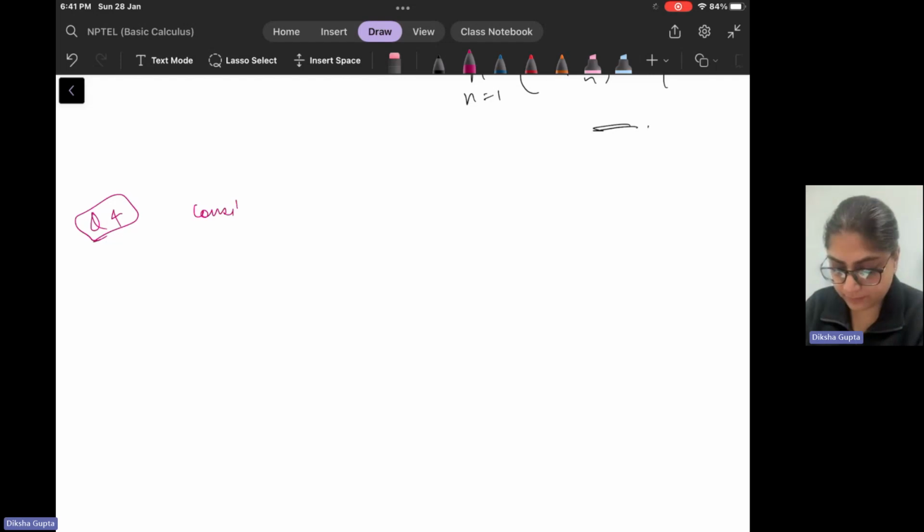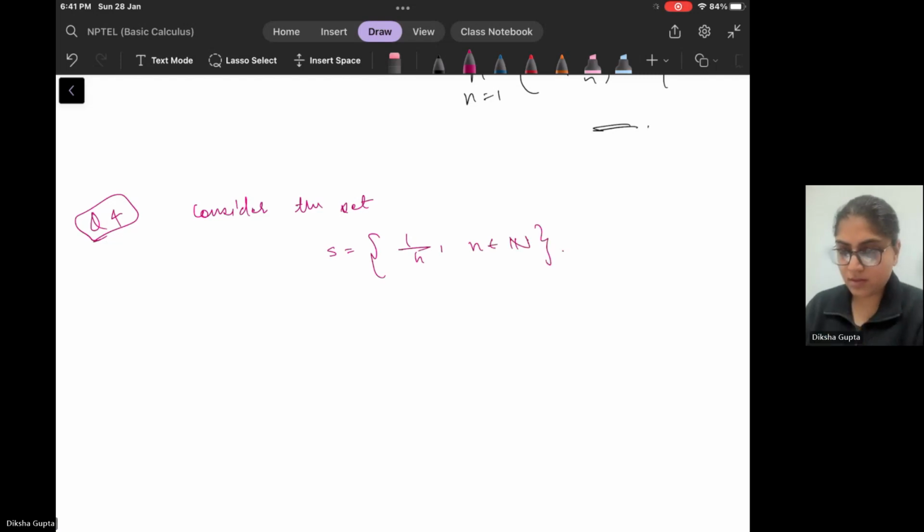Consider the set, again, the set of natural numbers, of 1 by n, where n belongs to the natural numbers.